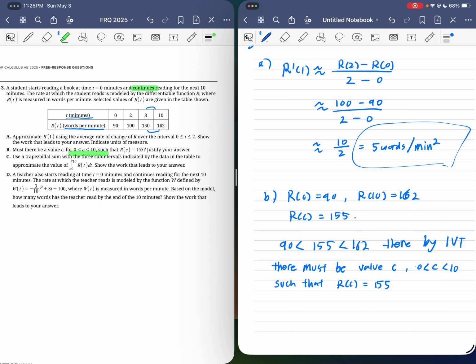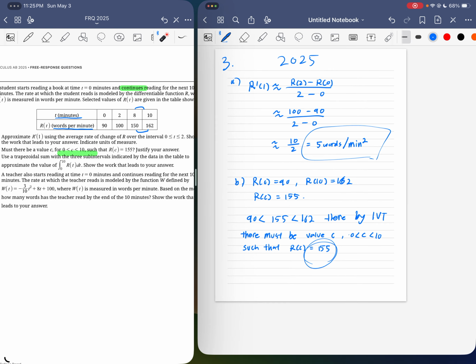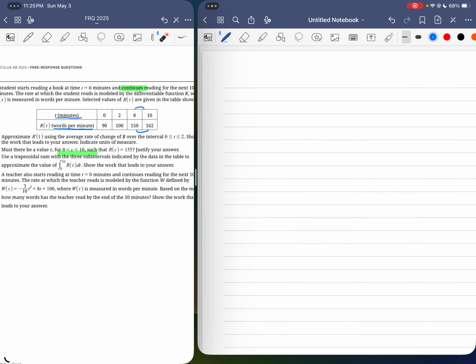This won't work if the number is outside the range. For example, if it was 170, there's no guarantee. Also, if it's not continuous, it's not guaranteed. It only works if it's continuous.